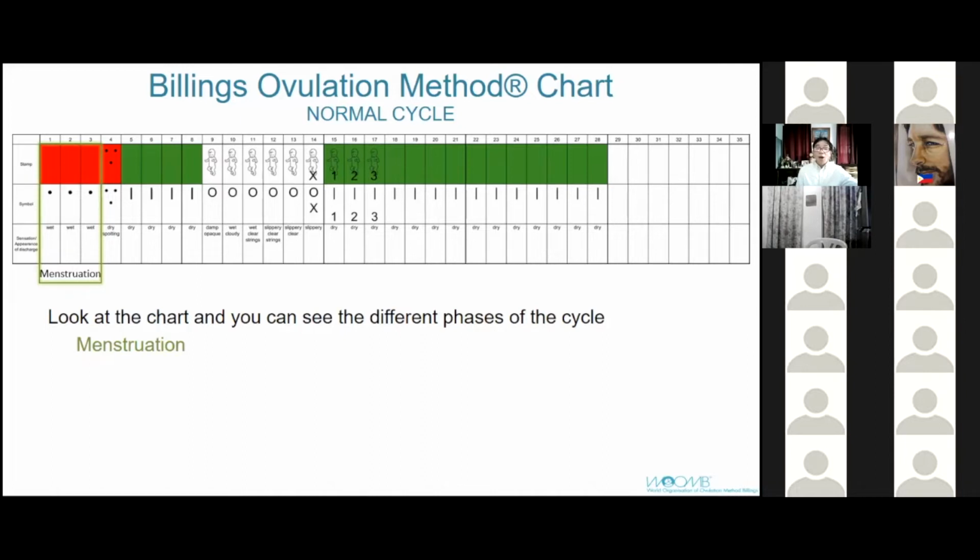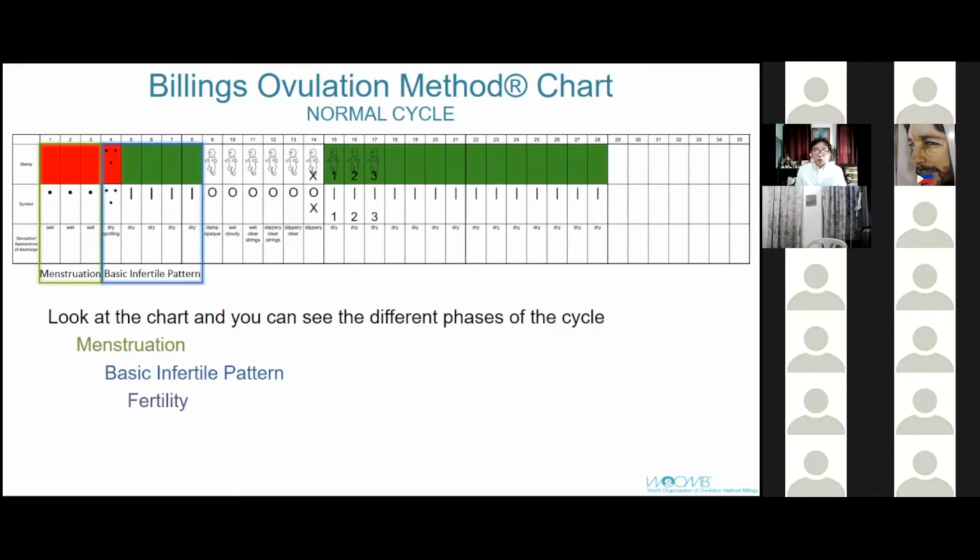Even though there is spotting or presence of bleeding, the sensation of dry is the one that makes day 4 no longer menstruation. The sensation of dry, that is very important. Basic infertile pattern starts on day 4 and ends on day 8. And then fertility begins on day 9 until it develops into a wet ending with a slippery sensation.